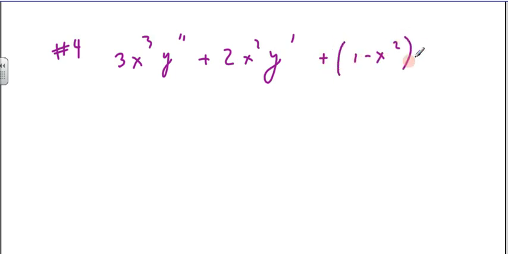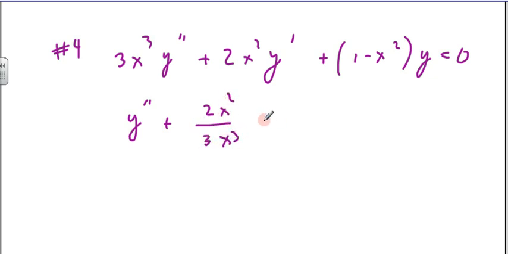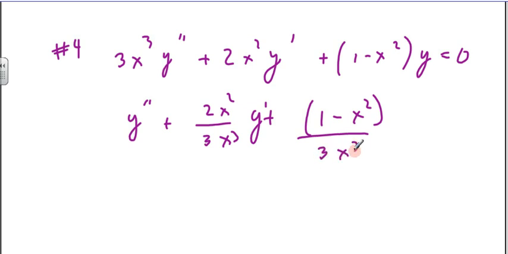The problem here is 3x cubed y double prime plus 2x squared y prime plus 1 minus x squared y, and we want to know whether or not we are at a regular singular point. So we rewrite the equation: y double prime plus 2x squared over 3x cubed y prime plus 1 minus x squared over 3x cubed y is equal to 0.